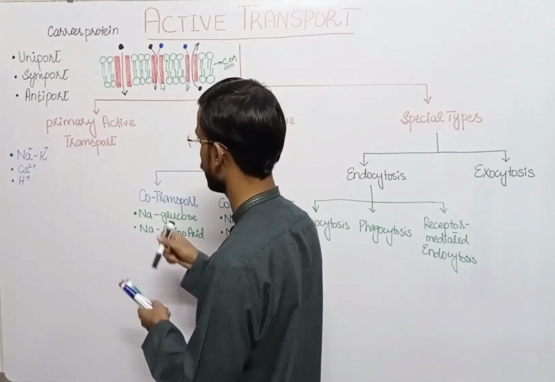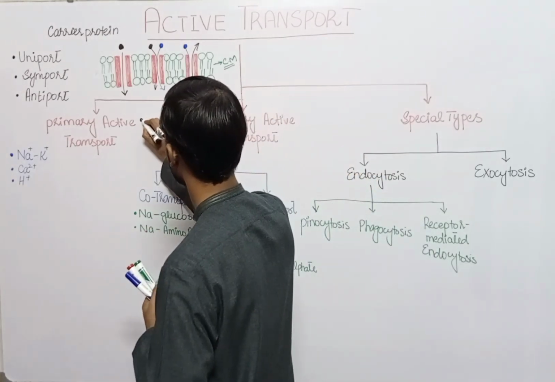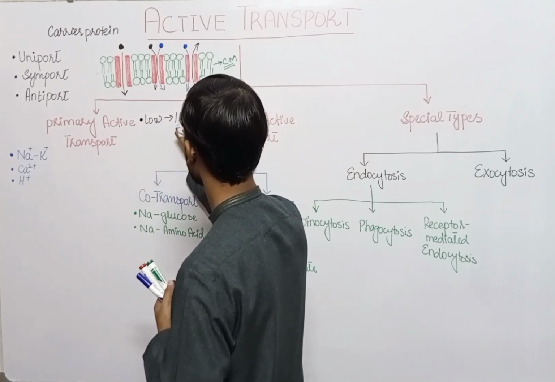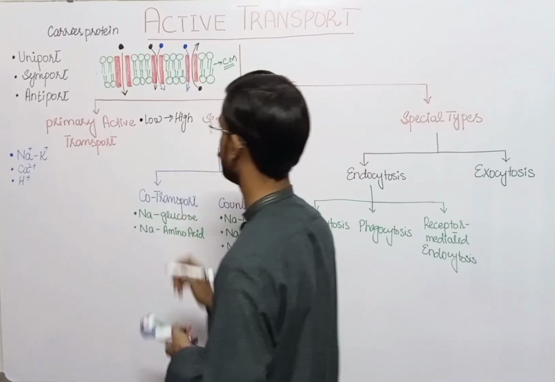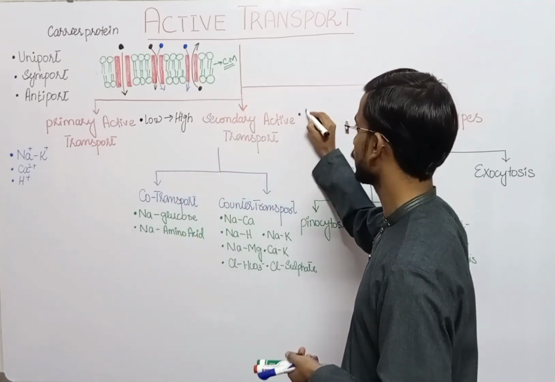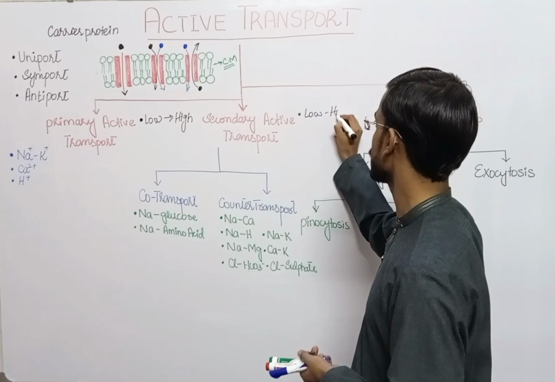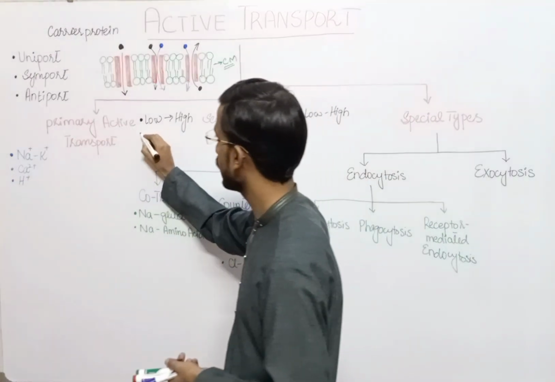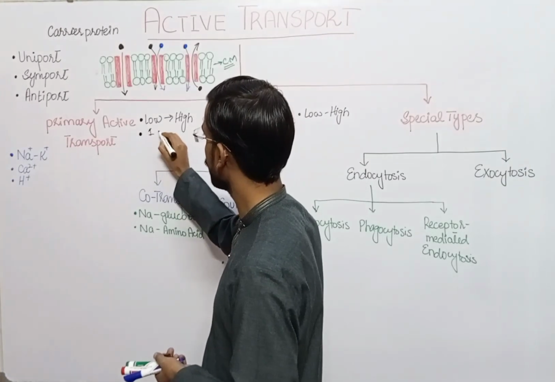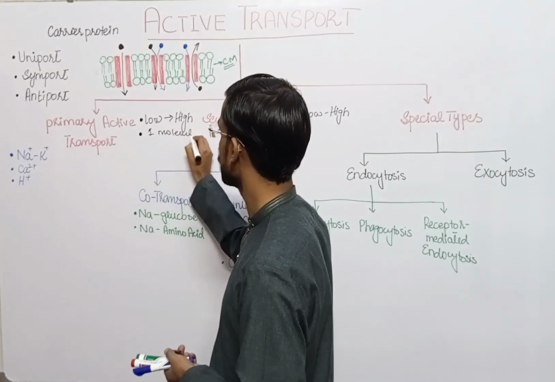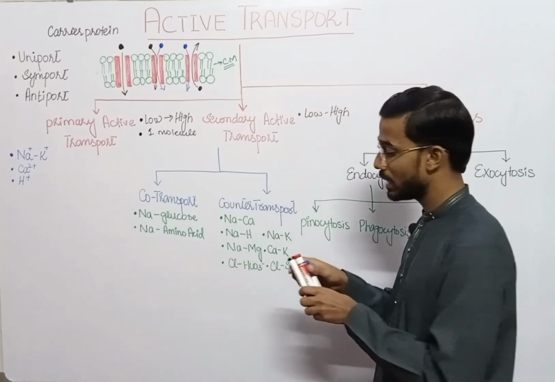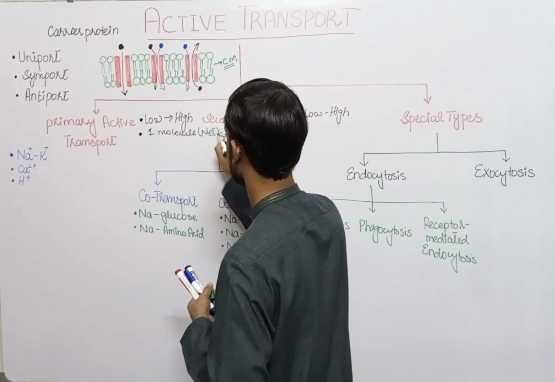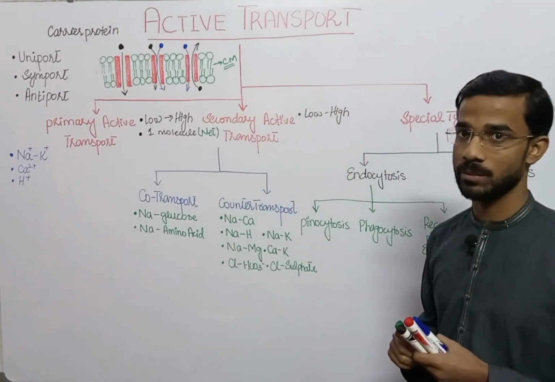Keep in mind, in primary active transport only one molecule is transported.